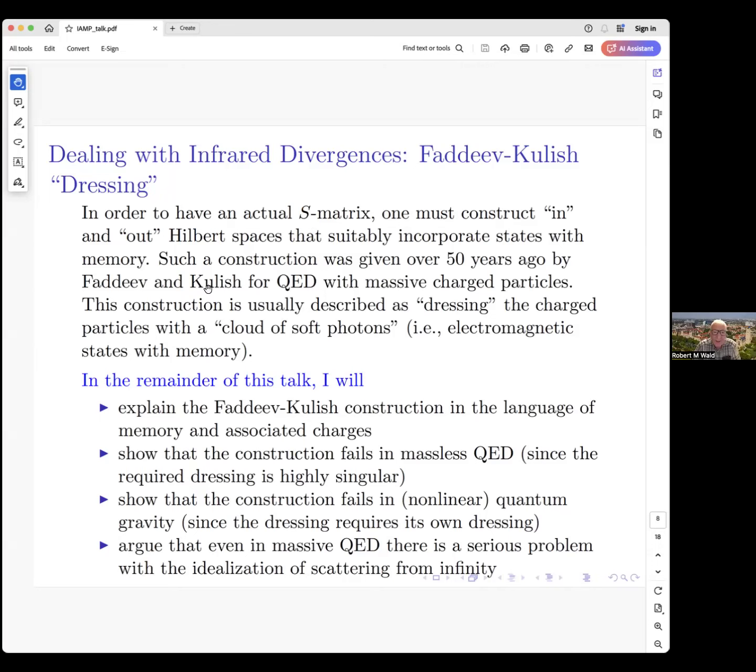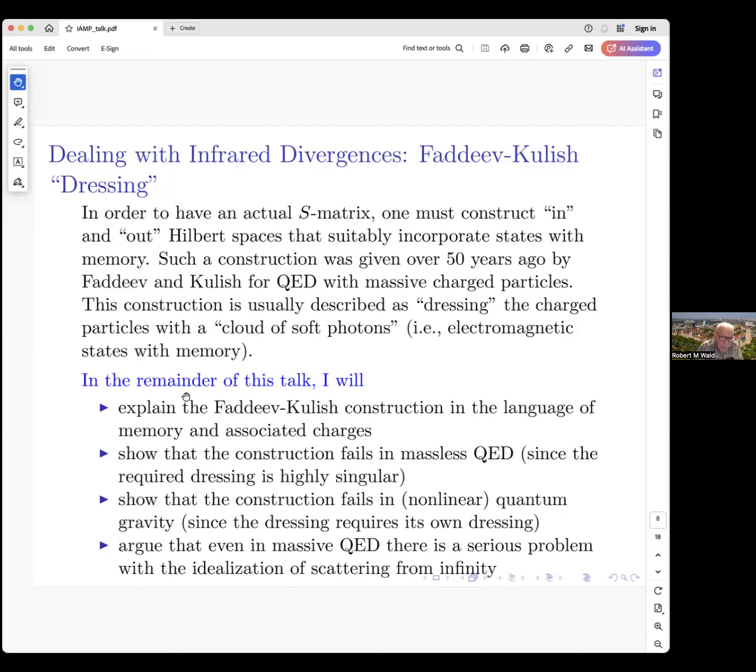This is the Faddeev and Kulish construction in the case of quantum electrodynamics with massive charged particles, which is usually described in the language of dressing the charged particles with clouds of soft photons. I'll explain that's really correlating them with electromagnetic states of memory.